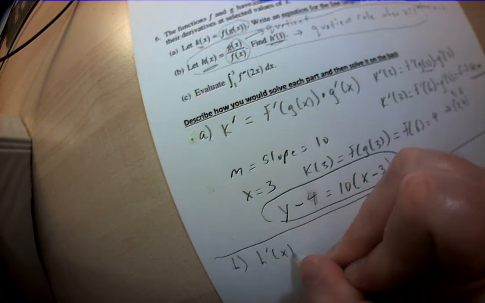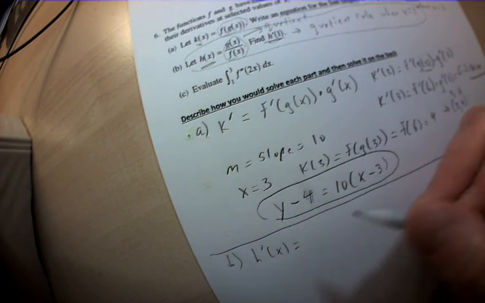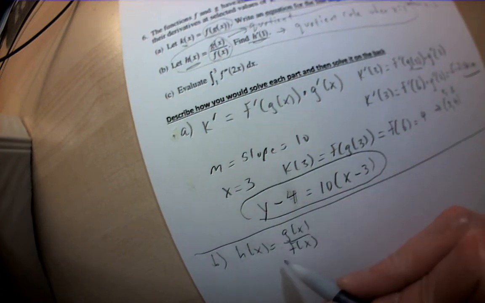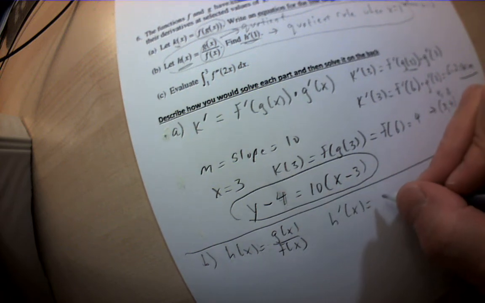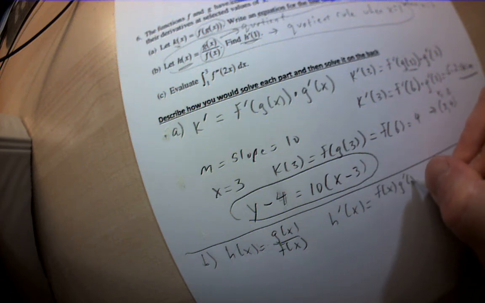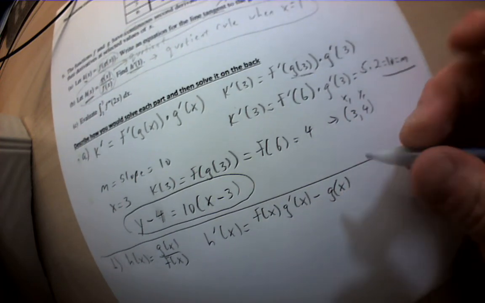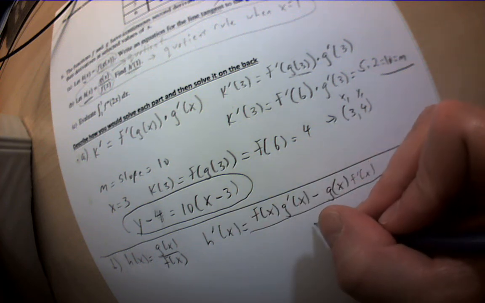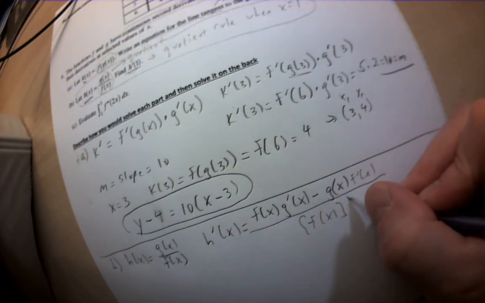h prime, let's see, it's going to be high, sorry. Okay, guys, sorry. So h of x is g of x over f of x. So h prime of x, it's going to be low times the derivative of the high minus the high times the derivative of the low, all over the low squared, okay?